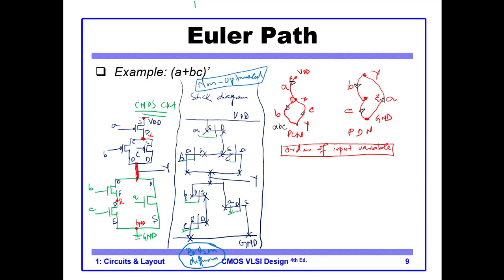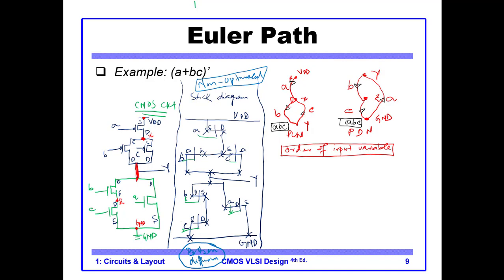So you see the path completes here and the path completes here. It means that if I want to go from A to B and from B to C, it is possible in the pull down network, and it is also possible in the pull up network. Okay, so this is an acceptable solution.